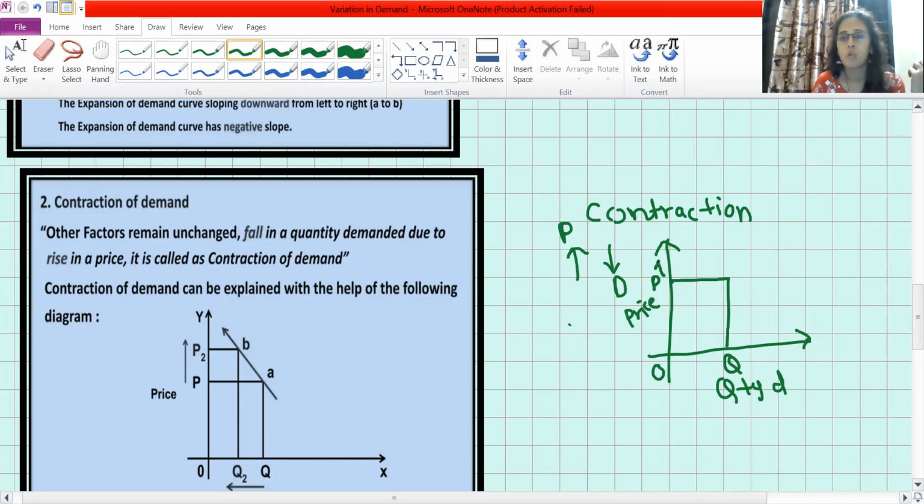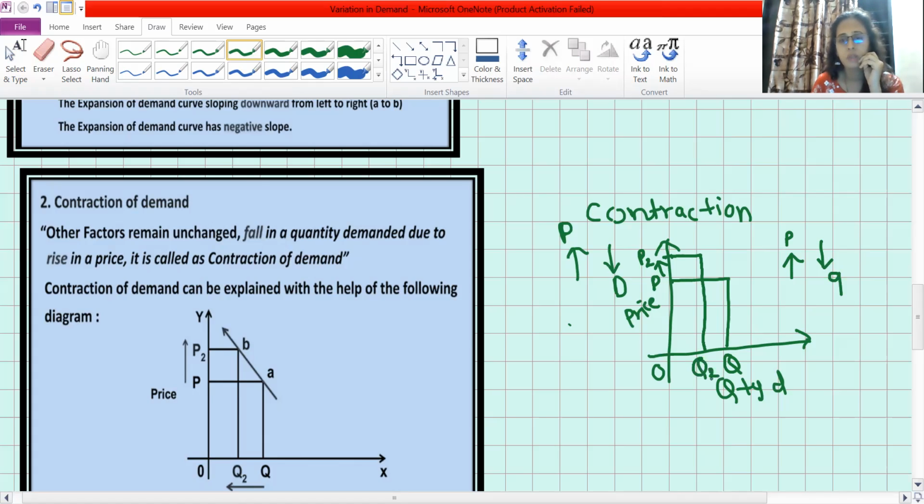Now we have to show that the price has increased. Instead of P1, we will write P2 because in the initial diagram I labeled it as P1. Now at P2, obviously I have to show less than the original quantity because price has increased. So I have to show that my quantity has reduced. So after Q, do not draw the diagram; draw it before Q. Got it?